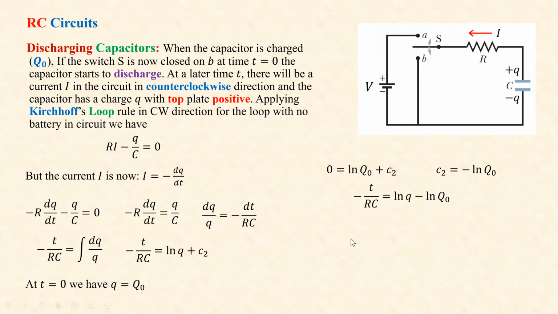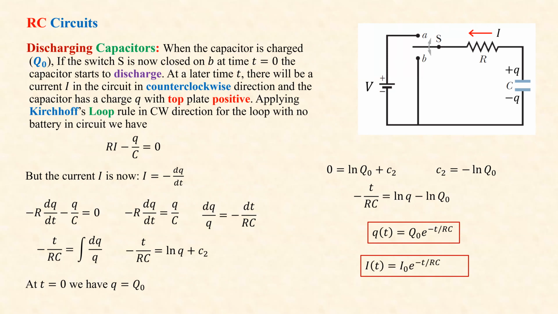And then we can write it as ln of Q over Q naught. Then Q over Q naught equals e to the power negative t over RC. And then we multiply by Q naught, and we get this. So this is a discharging capacitor.